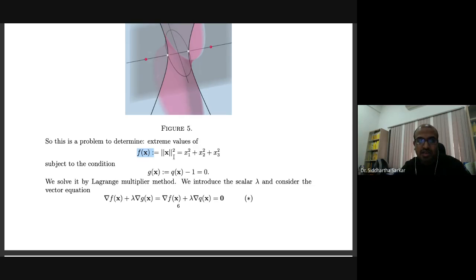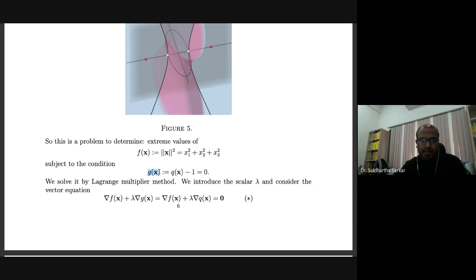It does not change much, and it gives you a nice expression. It becomes a homogeneous quadratic degree 2 expression as well. And then I have Q(x), which is also a homogeneous quadratic. I just subtract 1 from this to get this particular function g(x).